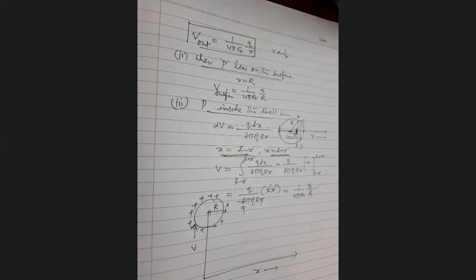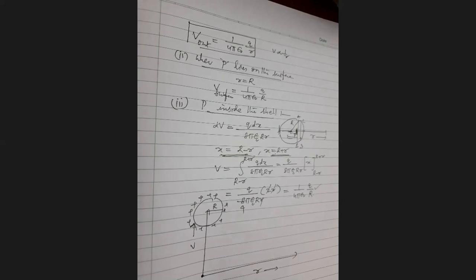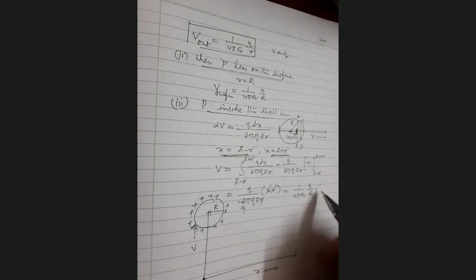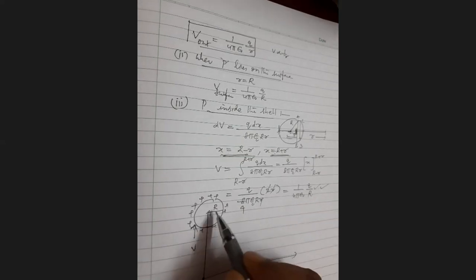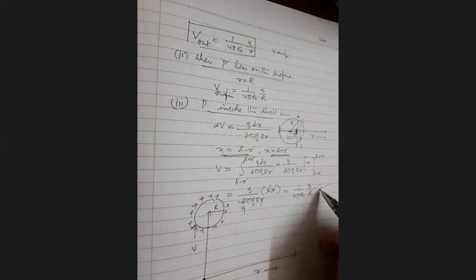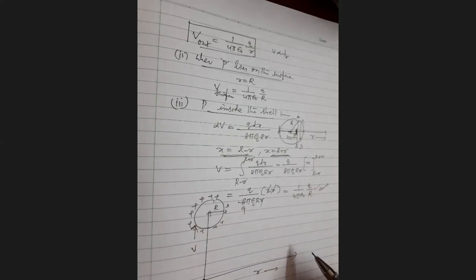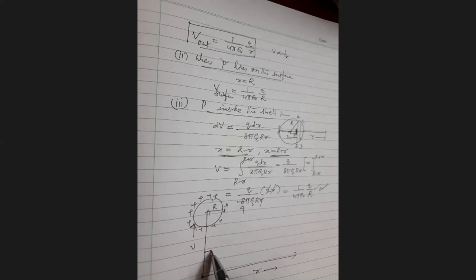At the center, how much is the potential? At the center the potential is 1 by 4 pi epsilon naught Q by capital R. At any point in between, the potential is the same, 1 by 4 pi epsilon naught Q by R. From the center to the surface, the potential remains constant.